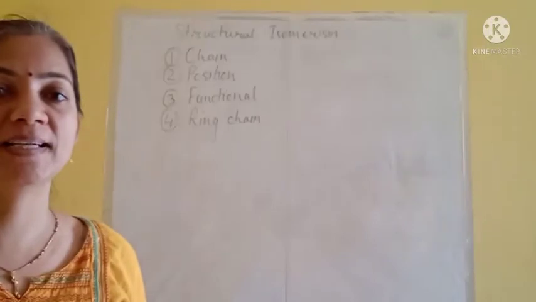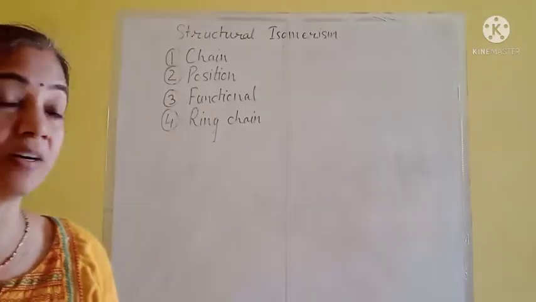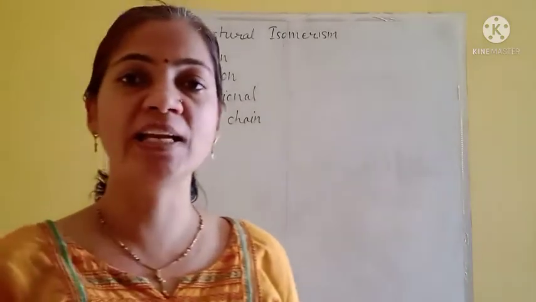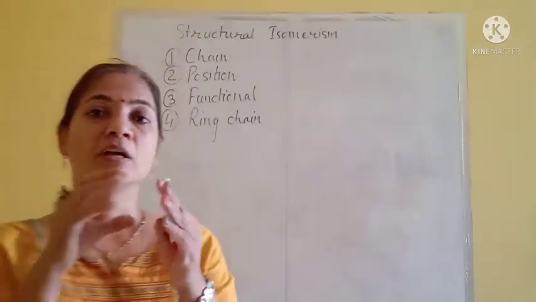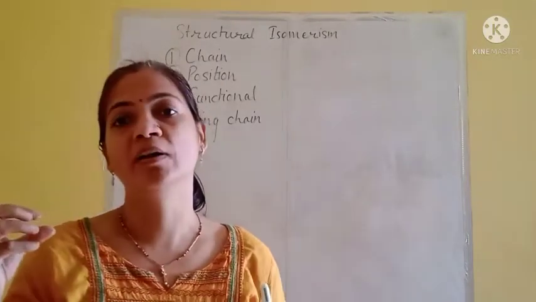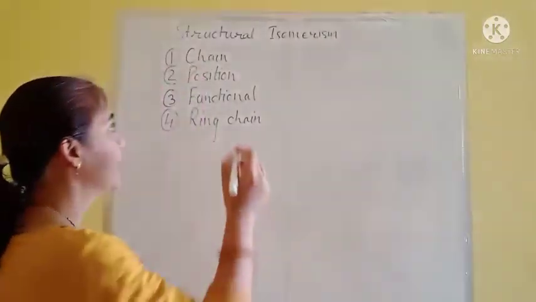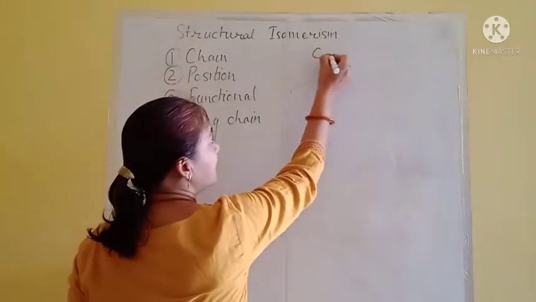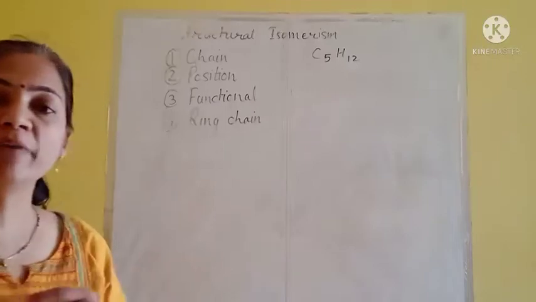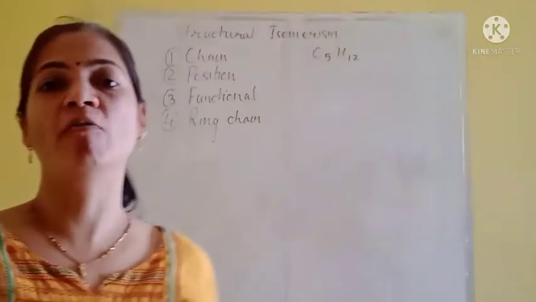So one by one let us take an example and understand. First we'll talk about the chain isomers. In this, the isomers differ in the basic chain of the carbon atoms. For example, when I take C5H12, in what all different ways can you arrange the chain of carbon atoms?